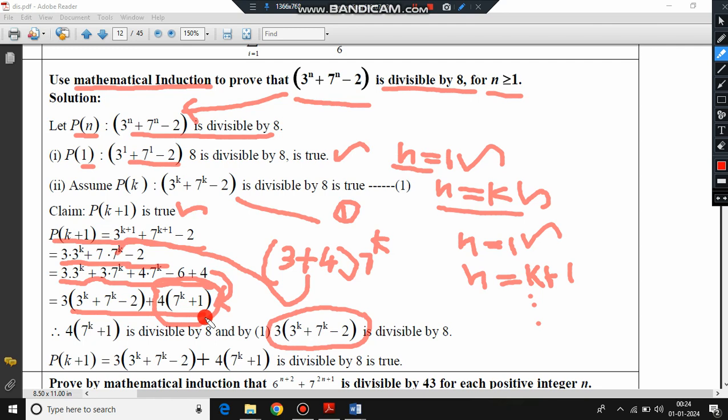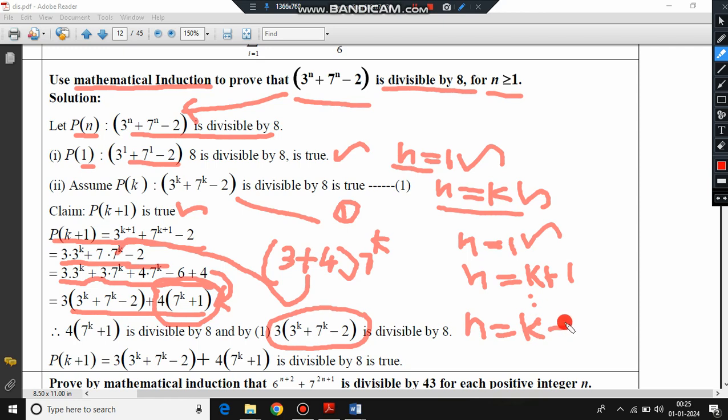Am I correct? So P(k+1), we can write it as 3 into (3^k plus 7^k minus 2) plus 4 into (7^k plus 1), is divisible by 8 is true. So we have proved that for n equal to 1 it is true, for n equal to k it is true, and then for n equal to k plus 1 also it is true.